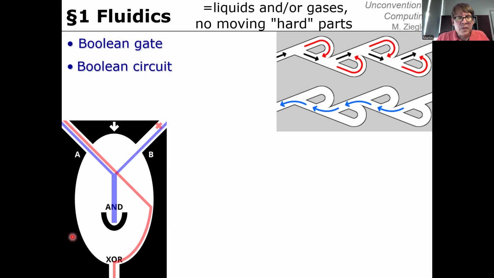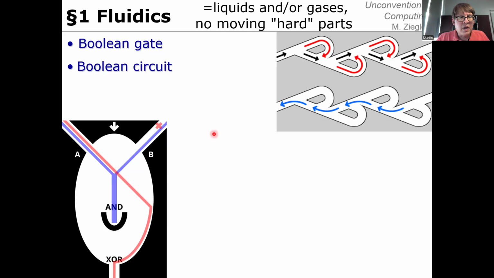There's also an XOR gate in the same, namely when only fluid enters from gate 1, but not from gate 2, then it eventually hits the wall of this white region. Black is the surrounding material, and it exits here to the bottom.